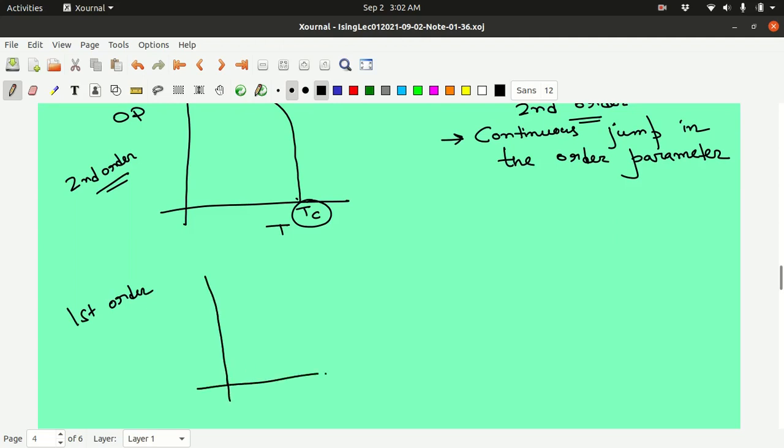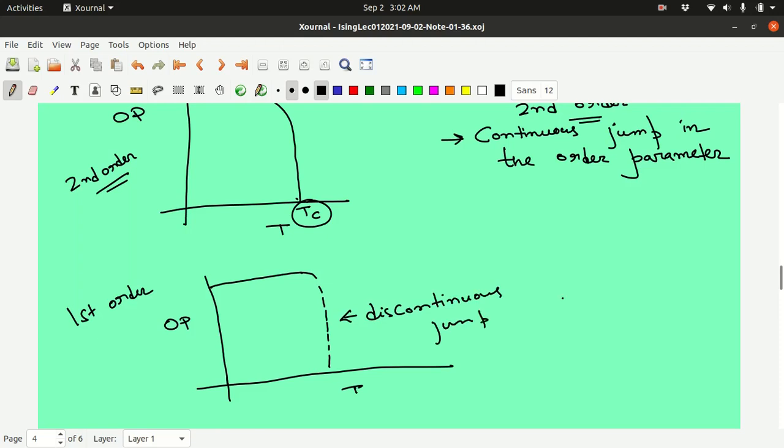If you plot the order parameter with respect to temperature, it will be some non-zero value in one phase, and then it will show a discontinuous jump, like liquid to vapor, solid to liquid, like ice to water.